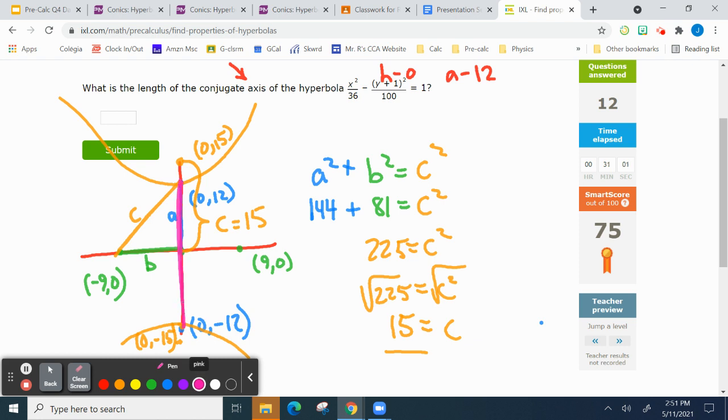This is the transverse axis. It's 2A, and this is the conjugate axis. That's what this particular problem is asking for. And that is 2 times B. And I think that will take you everywhere you need to go.